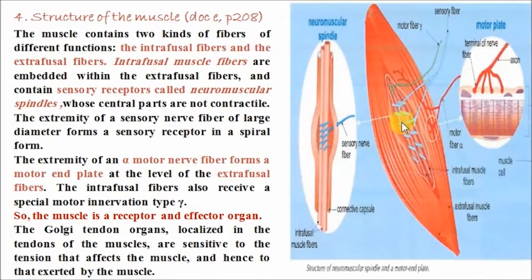Now, we said that this central part are not contractile. They do not contract. Now, the extremity of an alpha motor fiber, here it is written motor fiber alpha, actually it's alpha motor fiber. This alpha motor fiber, which is in red, is going to be connected to the extrafusal muscle, forming what we know as the motor end plate, which by now you know that it is the neuromuscular synapse.